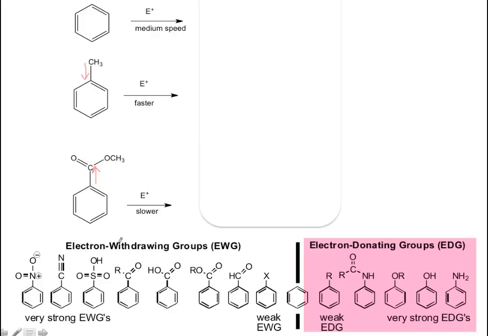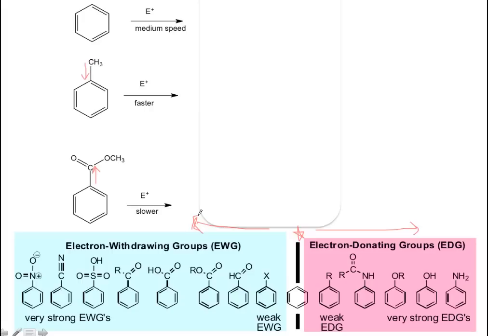What these charts will show you is that, compared to benzene, which you call the medium speed, all of the groups over here are electron donating groups, and the groups on the other side are electron withdrawing groups.